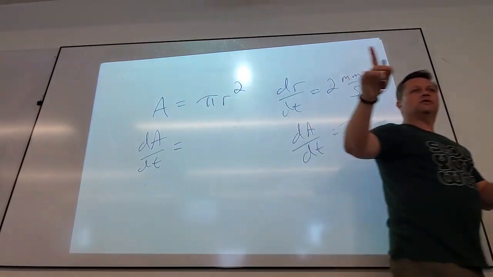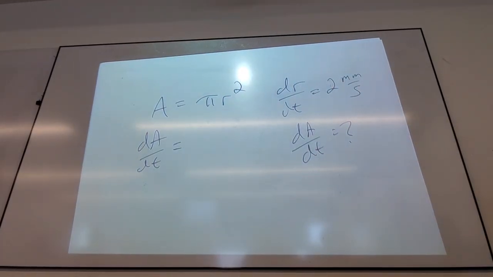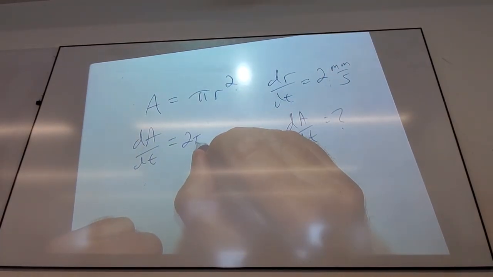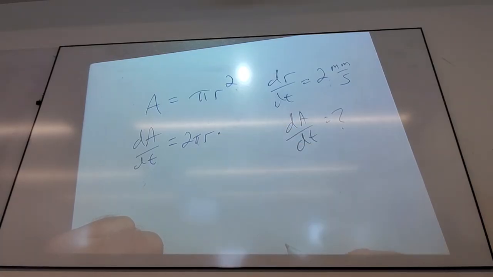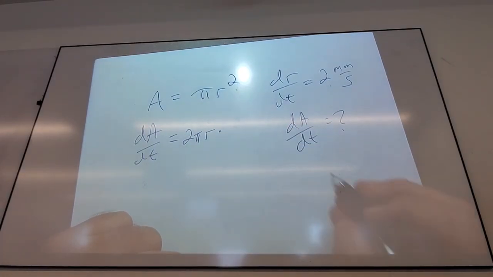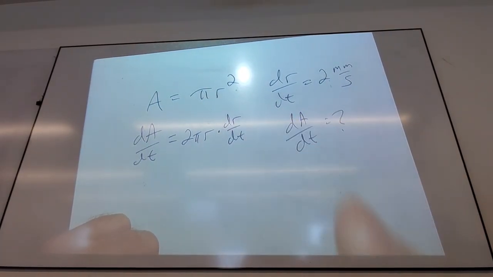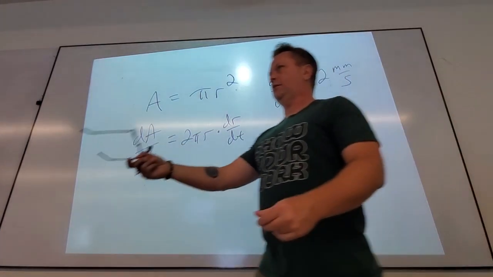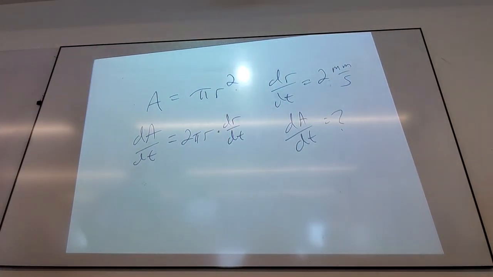The beginning of it is 2r. What am I taking the derivative with respect to? So times dr/dt. Just like when you did the derivative of y in an implicit problem and it was dy/dt, correct? The derivative of y squared would be 2y dy/dt, or dy/dx in that case.